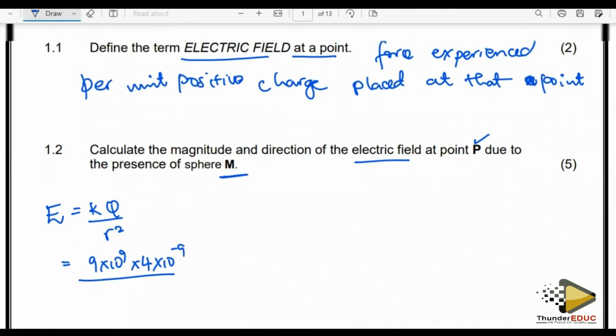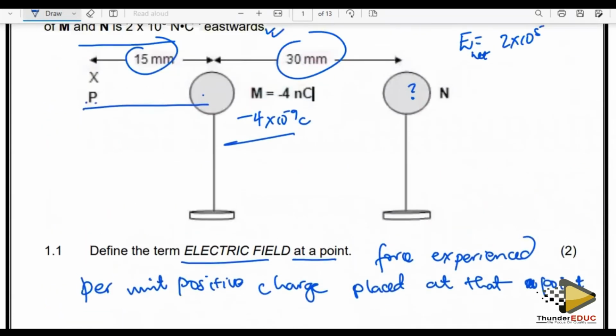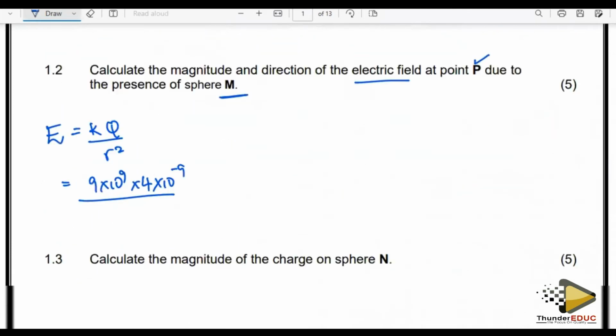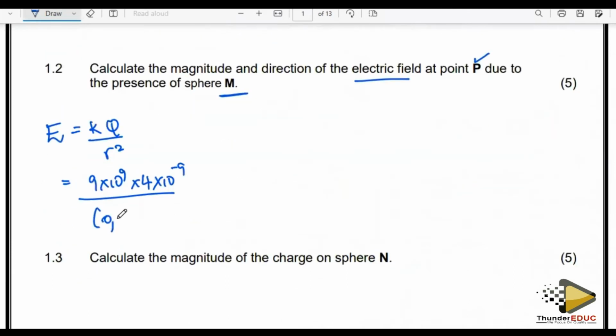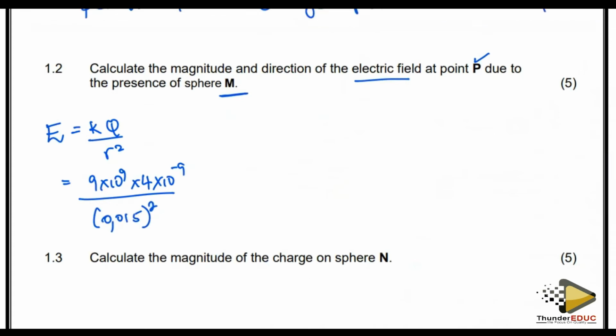And then the distance of separation is 15 millimeters. Convert that to meters. So that's going to be 0.015 squared. When I put that into the calculator, I'm getting 160,000 Newton per coulomb.